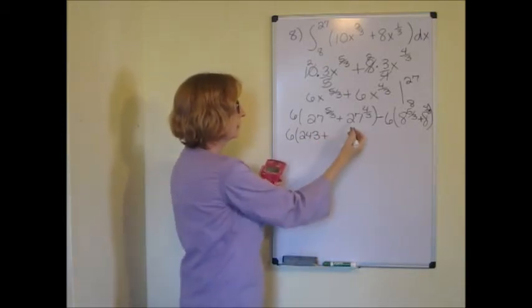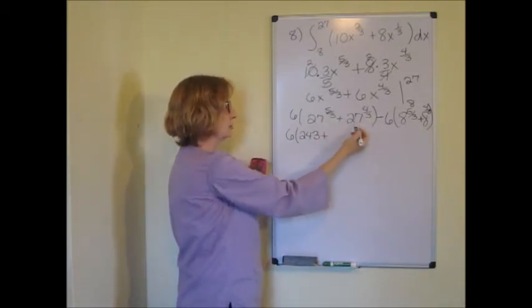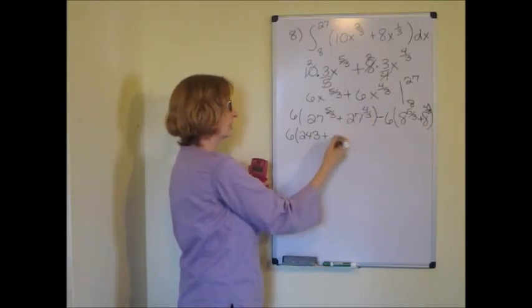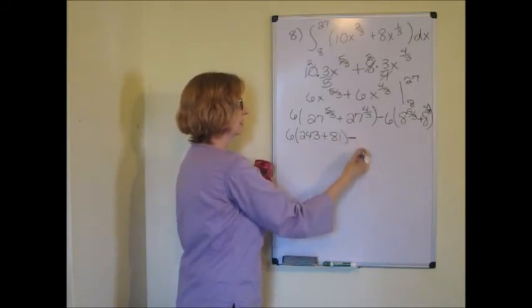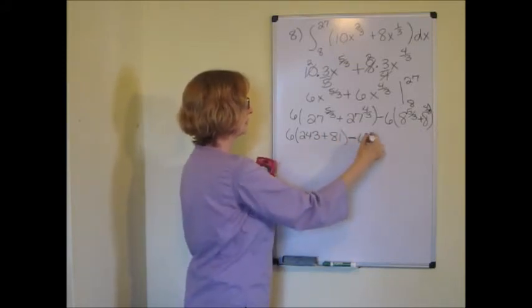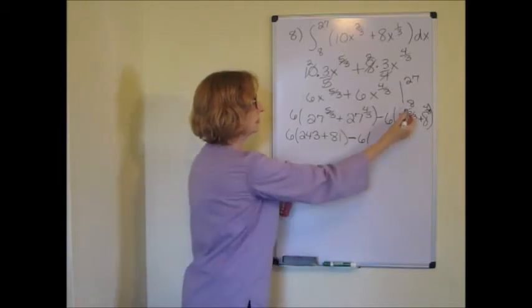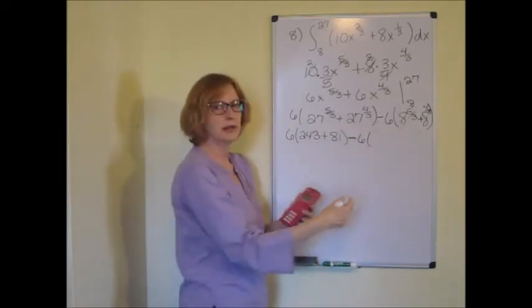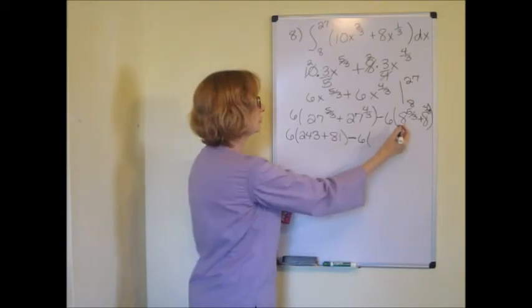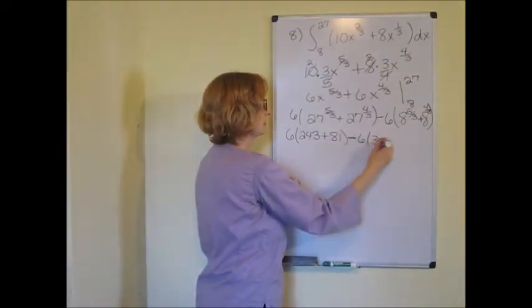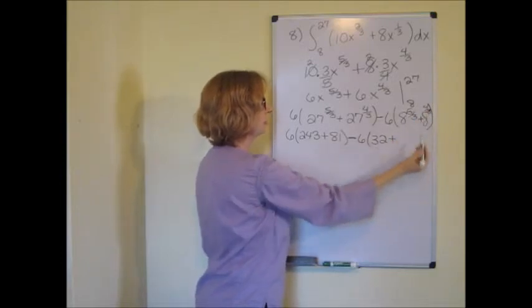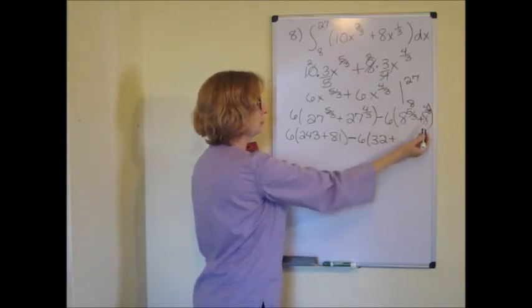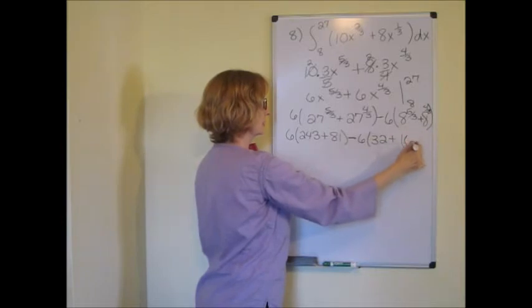When I take 27 to the 4/3, again, the cube root of 27 is 3, and then 3 to the 4th power is going to be 81. And then minus your 6 times 8 to the 5/3. Well, the cube root of 8 is 2, so that's 2 to the 5th, which would be your 32, plus 8 to the 4/3, the cube root of 8 is 2. 2 to the 4th is 16.